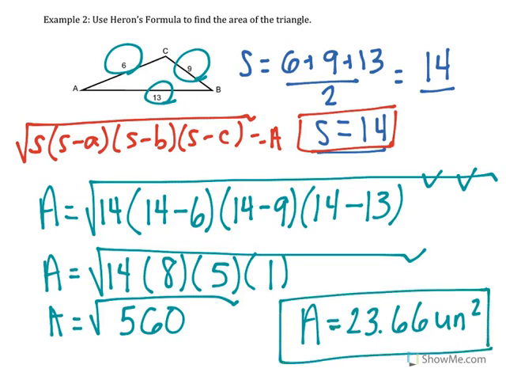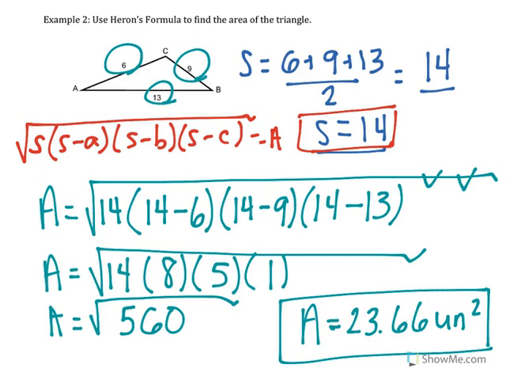Now here's the thing. If you look back to the last section, the SAS area, this was the last example I gave you in the notes. What you had to do was find an angle using law of cosines, and then use the SAS formula to find the area of the triangle. If you look back at those notes, you'll see that the area of the triangle using SAS was 23.66 units squared.